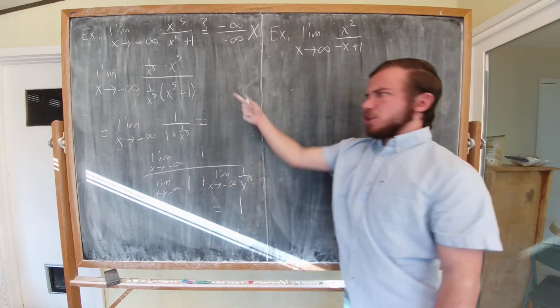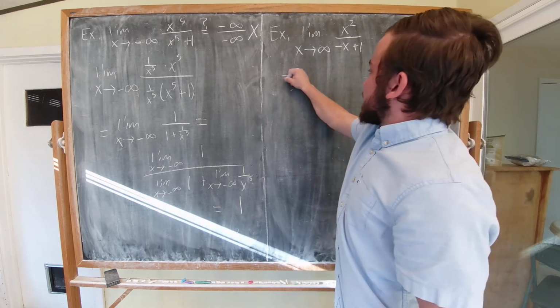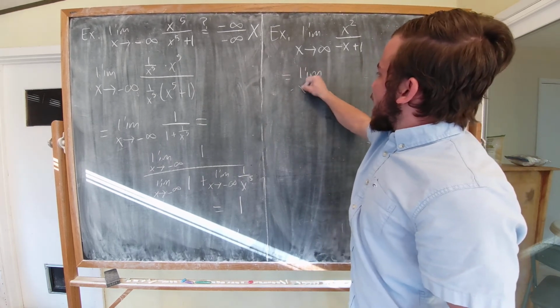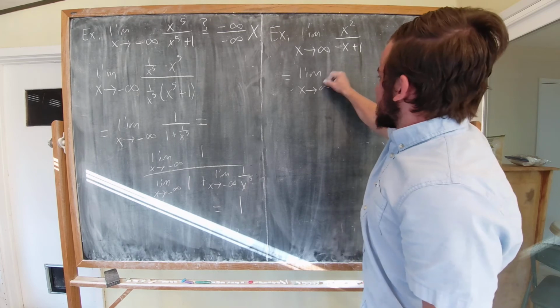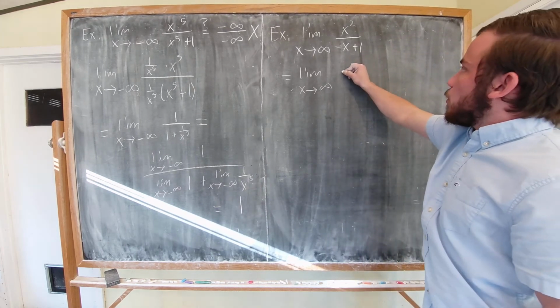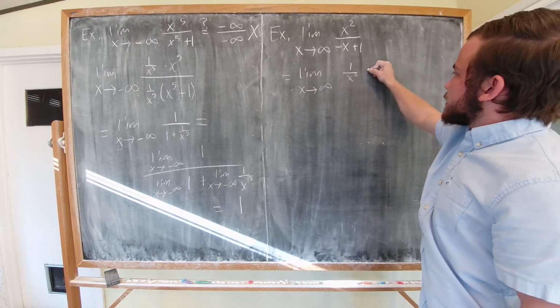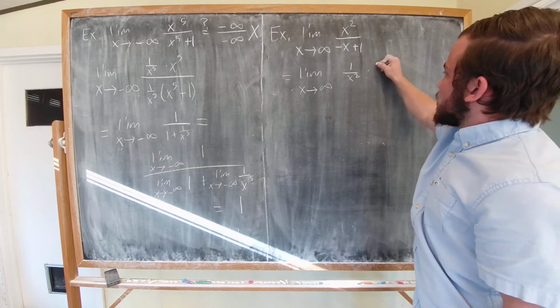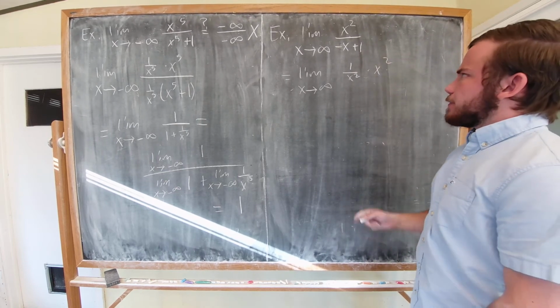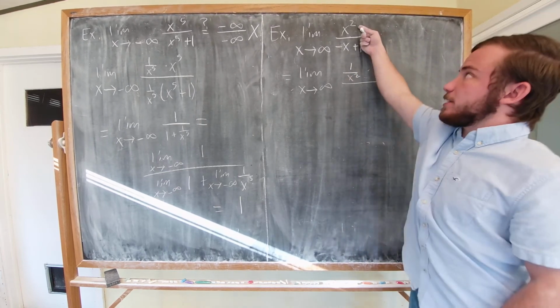Alright, let's just jump straight to this approach. That's the limit as x goes to infinity of 1 over x squared times x squared. Also, if you're wondering, why am I using x squared instead of x?